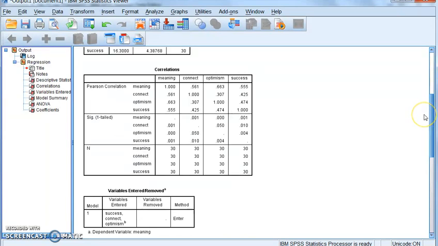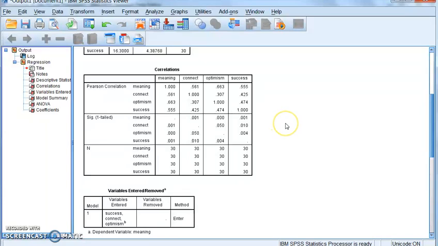Under correlations, we can see the Pearson-R correlations between the four variables involved here. If we look at this first column, that is our dependent variable, and looking down, we can see that the dependent variable has a Pearson-R correlation of 0.56 with connectedness, and 0.66 with optimism, and 0.555 with academic success.